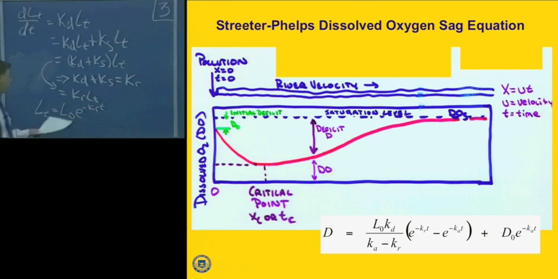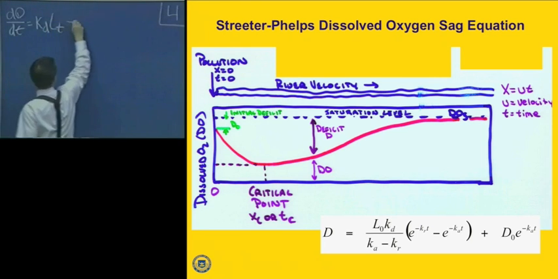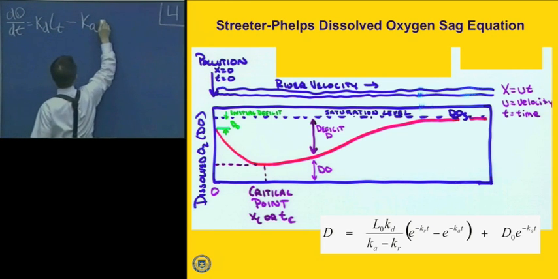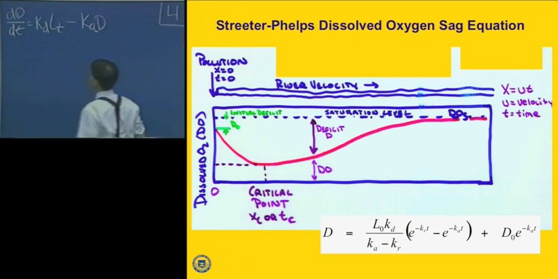And we said there's one more. We have to account for settling in our deficit equation, right? Capital D, dt. So let us model the sediment oxygen demand, SOD, as a 0-order equation, even simpler, but it works. Okay, so we've got Kd L of t minus Ka times capital D plus S, where S is the sediment oxygen demand.